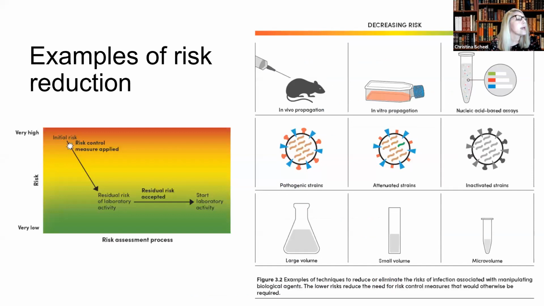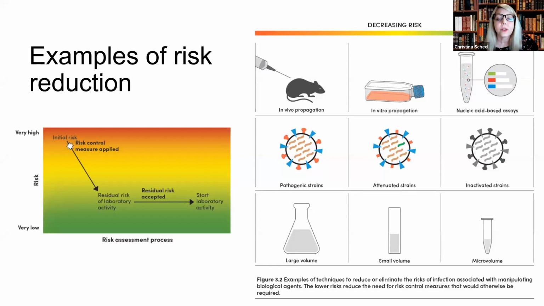Here are more examples of risk reduction. This is a figure from the monograph, and it shows decreasing risk. Perhaps you're performing in vivo propagation. You could reduce your risk by using in vitro propagation if possible, and then virtually eliminate your risk by using nucleic acid-based assays instead.